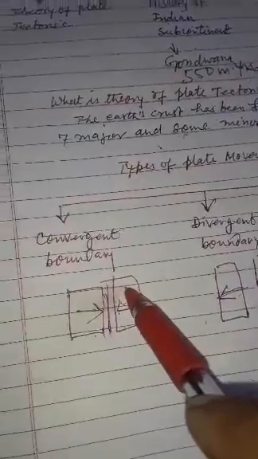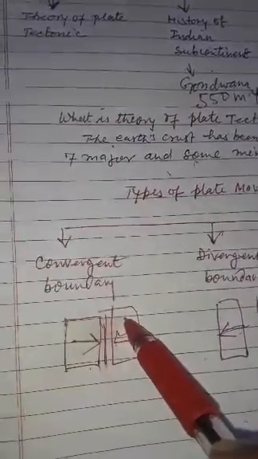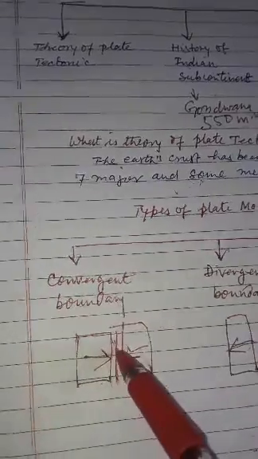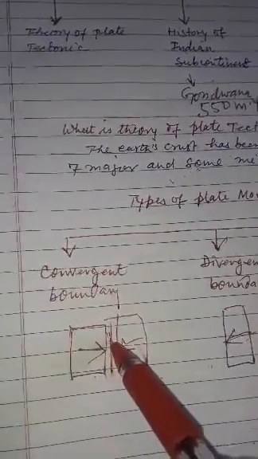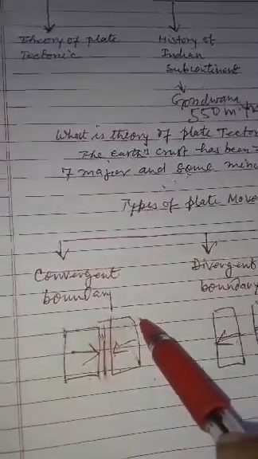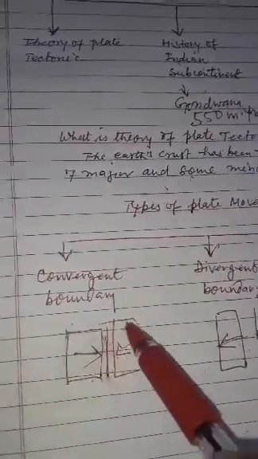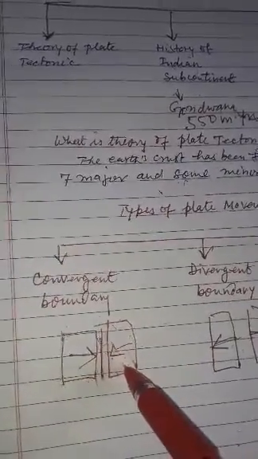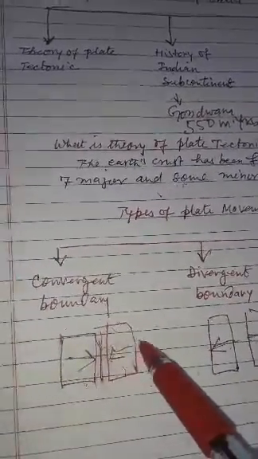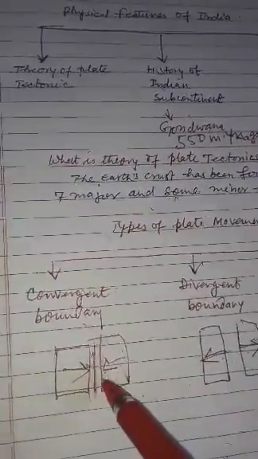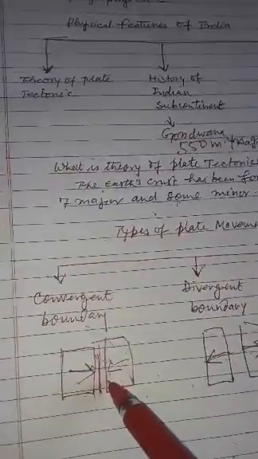What is convergent boundary? When two plates come towards each other, it leads to collision, crumble, or one plate may slide under the other, resulting into folding, faulting, and volcanic activity.